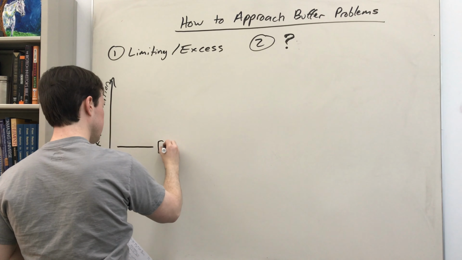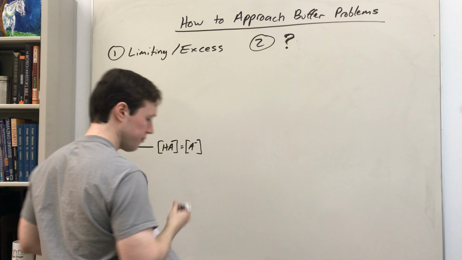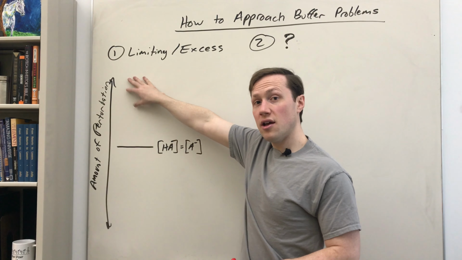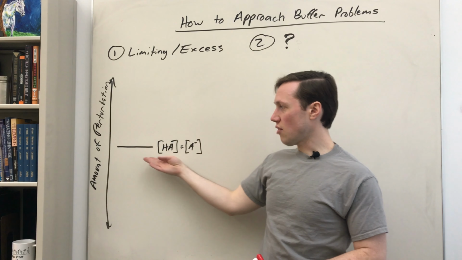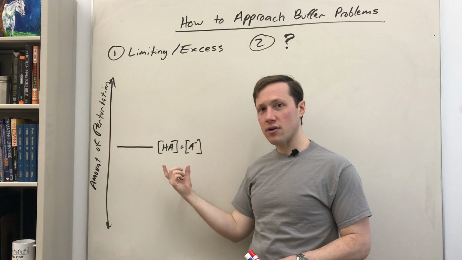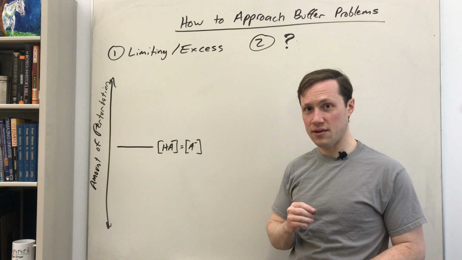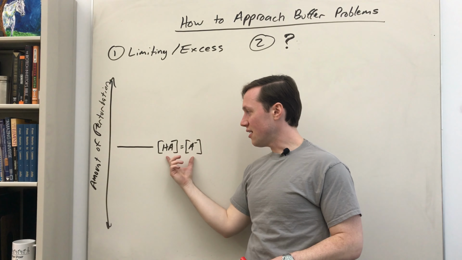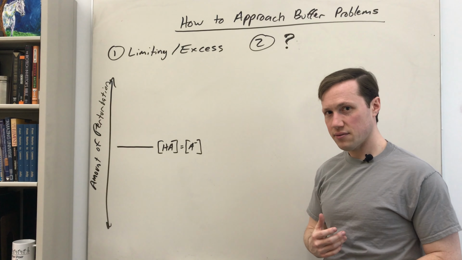So, this vertical axis is describing the total amount of perturbation that's taking place. Right at the center is the place where our buffer is probably working best, close to its pKa. At that position, it will have equal amounts of acid and conjugate base.